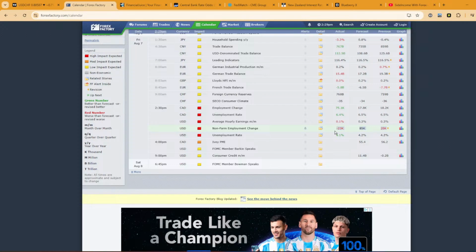Pretty weak, worse reports. I think I've never seen a report like that in NFP this year. Even last year, in 2025, I don't remember. So this is very weak.